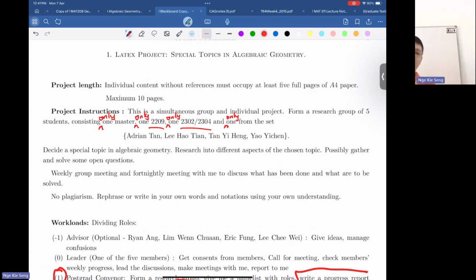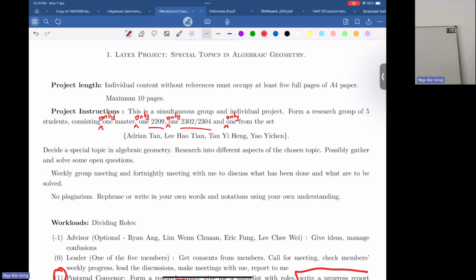Another reason why I put 2209 and 2304 in each group is that they did projects with me before, for at least one class. 2304 did two projects with me before, so they know what I expect for the project. So try to check with them what I need.